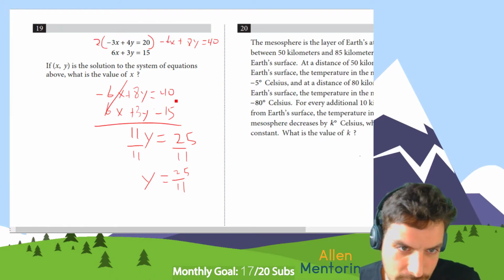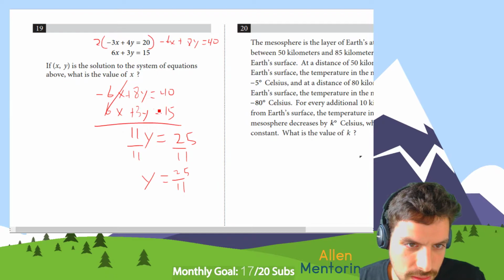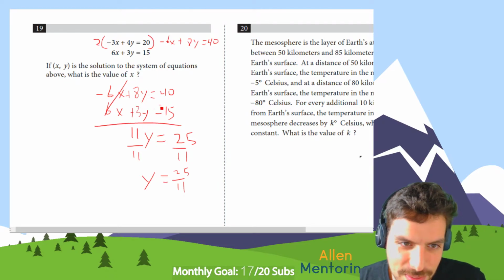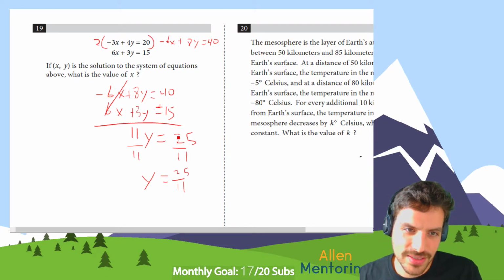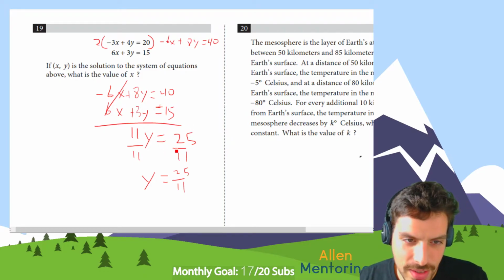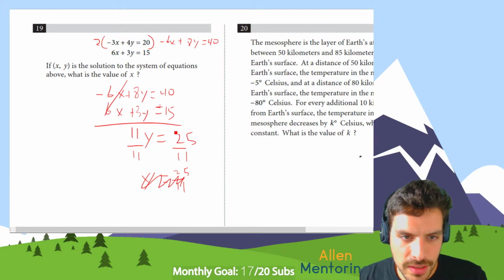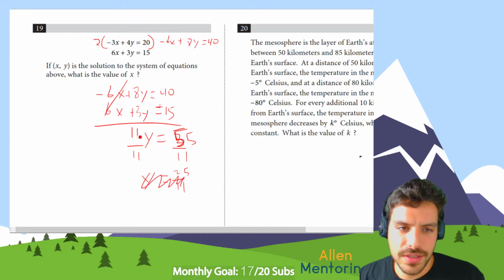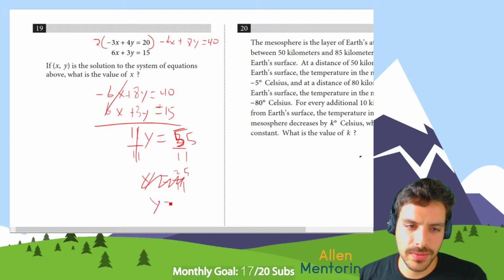Wait a minute, I didn't. This is minus 15. It's supposed to be equals 15, not minus 15. I'm a knucklehead, sorry. So this was supposed to be 40 plus 15. So this is supposed to be 55. And so y is equal to 55 divided by 11, so y is equal to 5.